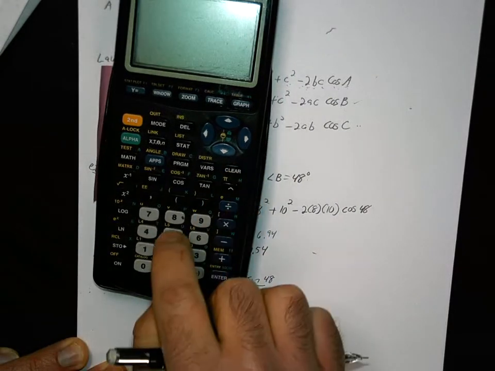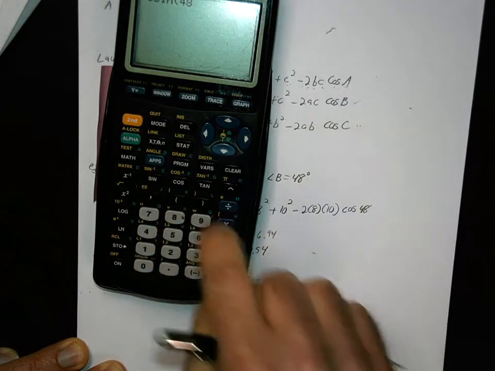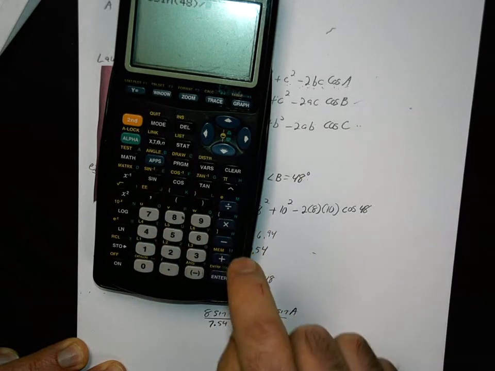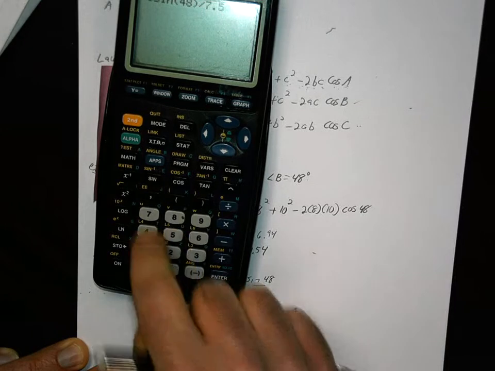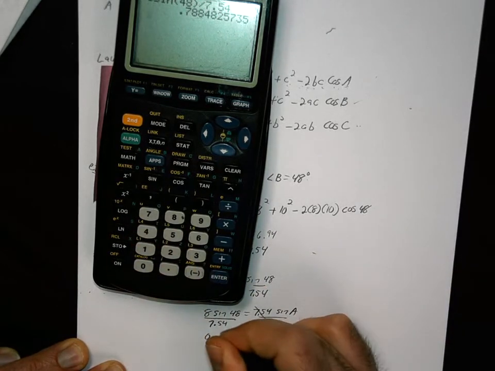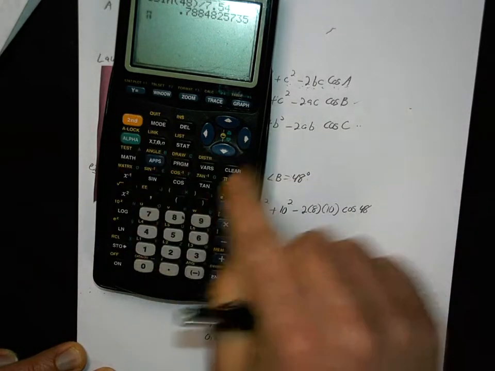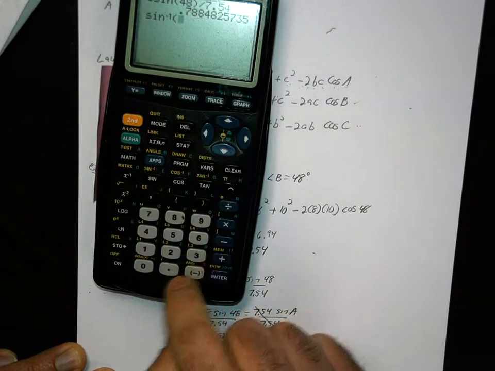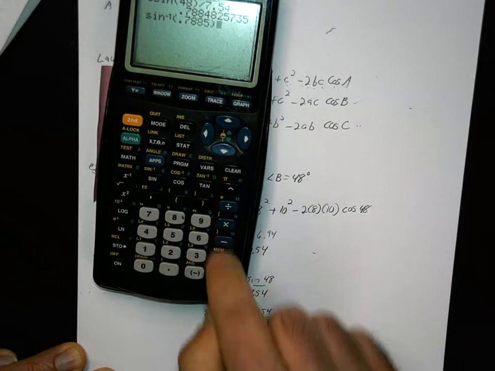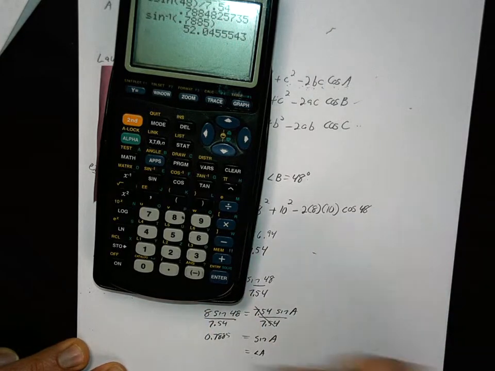So 8 divided by 0.7885. Take the inverse of that, inverse sine, and it's telling me I got about 52 degrees.